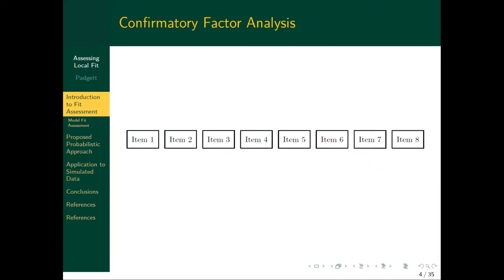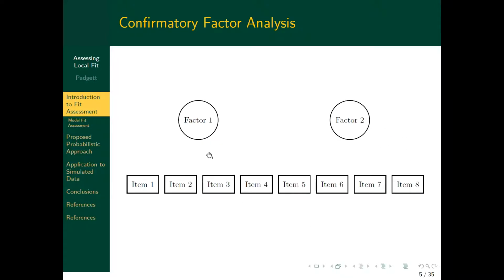And so suppose we start with a very simple scale where there's only 8 items. Underneath these 8 items, we're going to say there are these 4 we think are going to be in one factor, and these 4 are in the second. So we have these 4 over here and the 4 over here.